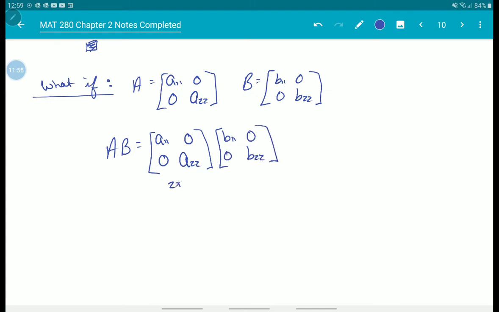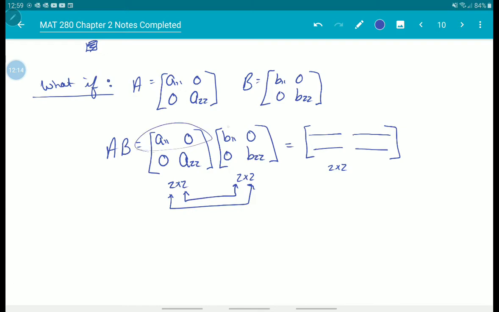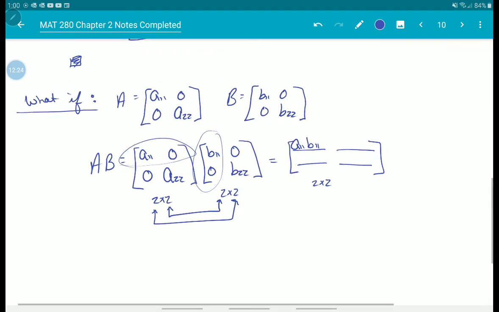So we have a 2 by 2 times a 2 by 2. This is defined and we will get a 2 by 2, which will have 4 entries. So if we use our multiplication algorithm, we're going this row by this column. So that's going to be A11 B11 plus 0. And then we're going to move to the second column. So we're going to have 0 plus 0.